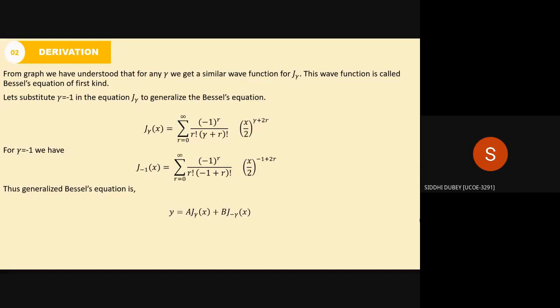And for lambda equal to minus 1, we have summation of r equal to 0 till infinite, minus 1 raised to r upon r factorial into (minus 1 plus r) factorial into (x by 2) whole raised to minus 1 plus 2r. Thus we conclude that the generalized Bessel equation is y equal to a into j lambda of x plus b into j of minus lambda of x.